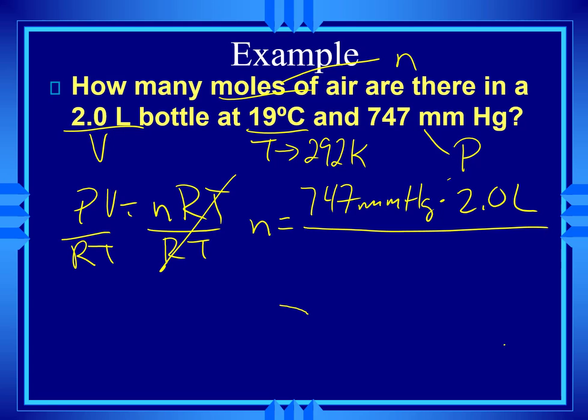Since my pressure is in millimeters of mercury, I want to use the one that has millimeters of mercury in it. So that was the 62.4 liter millimeters of mercury over mole Kelvin. And my temperature was 292 Kelvin.